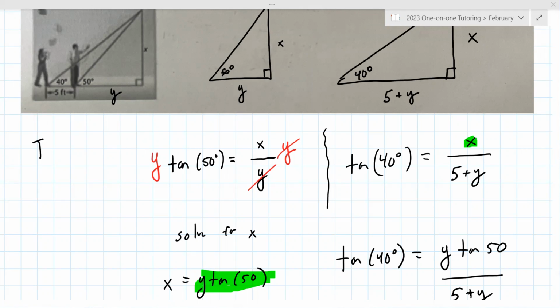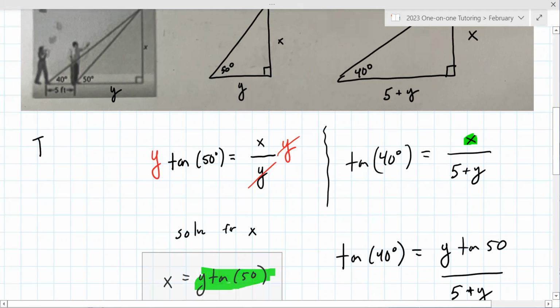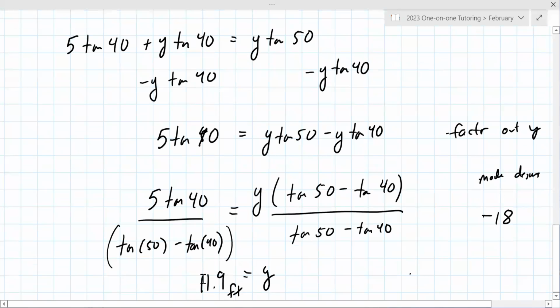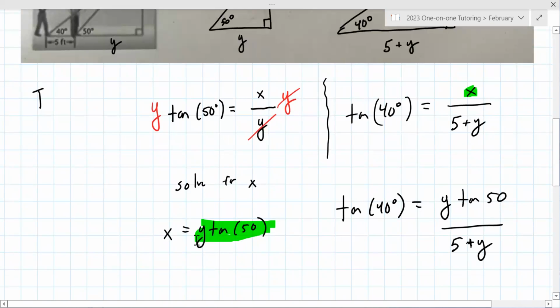Do you see my y equation? Your y is the y you just found. You found y is 11.9. Okay, yeah. But that's not the answer. Then I just plug that in? Yes, you got to plug it in for y to get x.